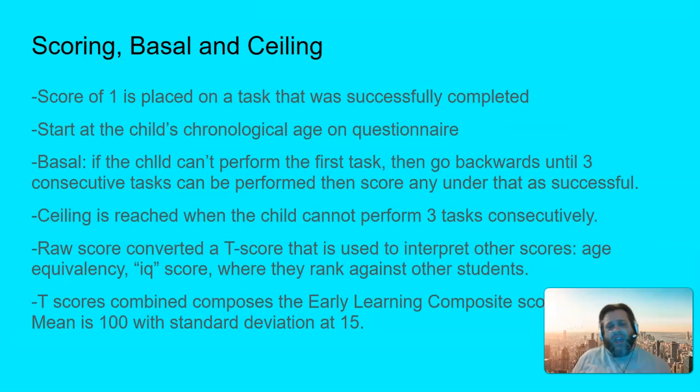So 100 is the mean, the average score, and anything within 15 above or below 100 is what they call normal, or basically on target development. And anything below that starts to be bands like below average, poor, things like that, for every 15.